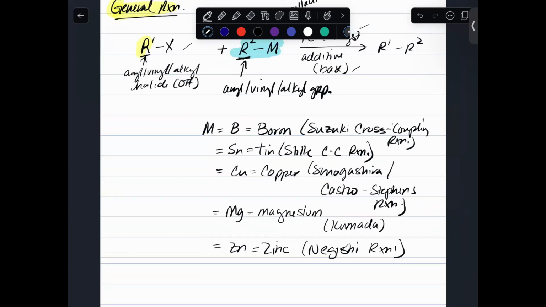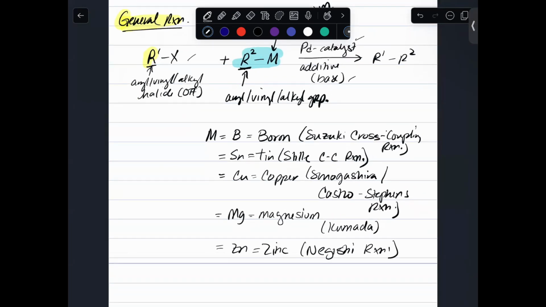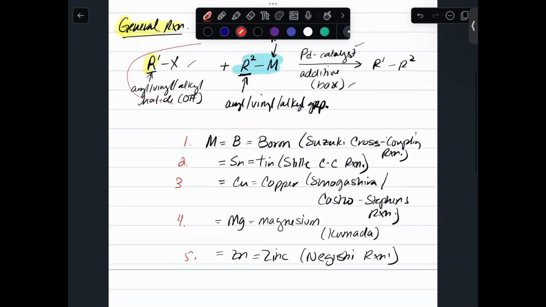These five reactions that I've just mentioned all follow the same general reaction scheme, where the only difference is the metal being employed.